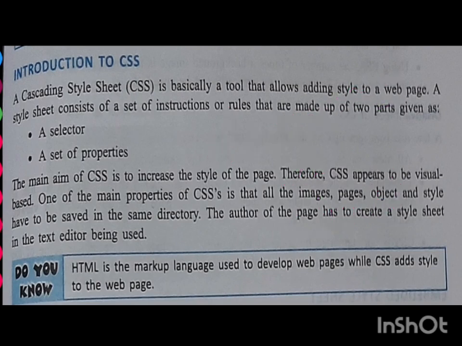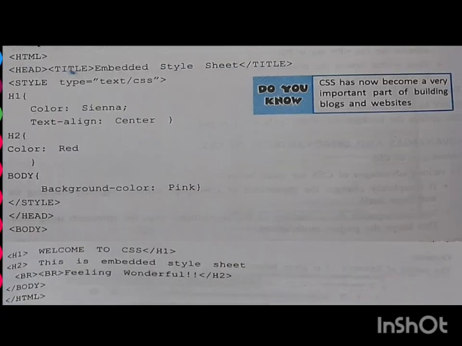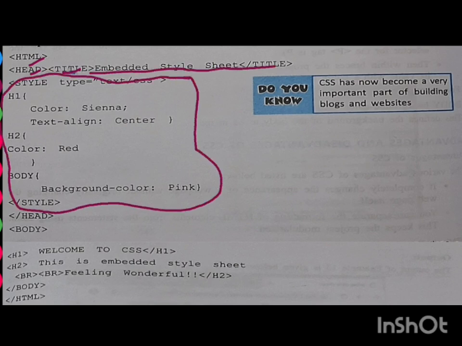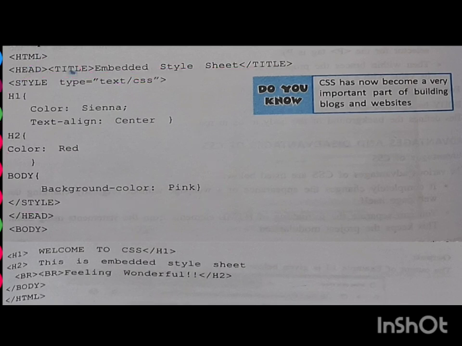So for that, I have taken one example to make you understand. You can see that till here you know head, title. Now you see this section. In this section, first of all, you have to write type is text/css.